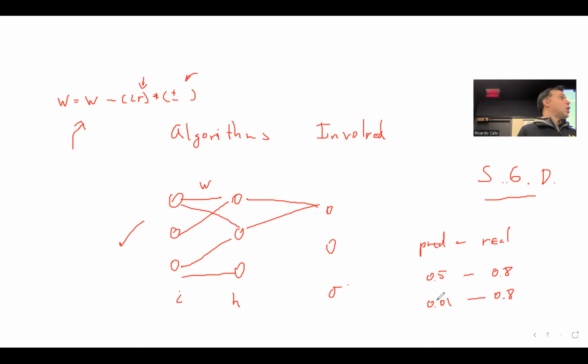We take some metric, some measure of closeness or whatever you want to call it. And then based on this result, which we'll study in more detail later, we backpropagate. That answer backpropagates to update the weights, which is this equation.